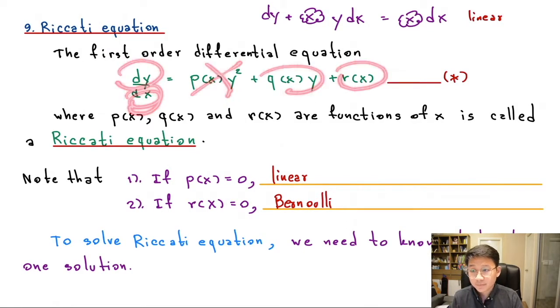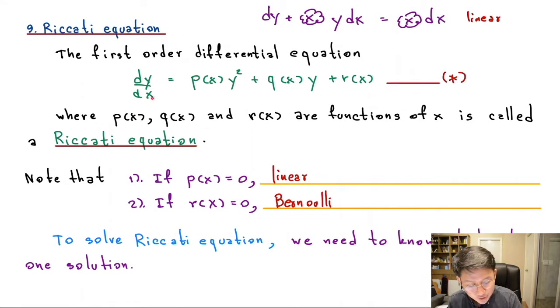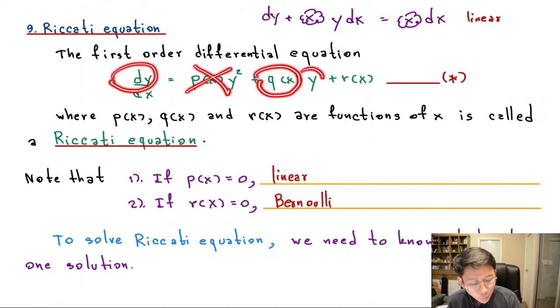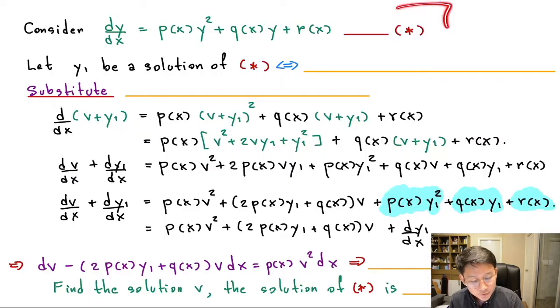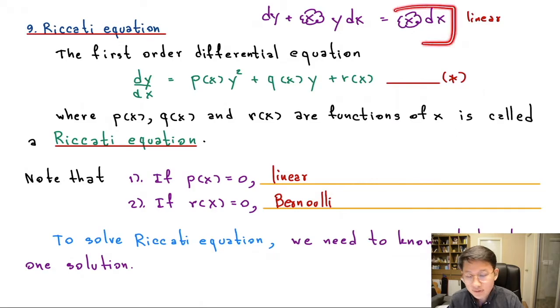Basically, I can push the dx over there. So you have dy and you have q(x) y dx, and you have r(x) dx, which is this guy. But if r(x) is 0, so if you don't have this term, it's going to look like a Bernoulli.